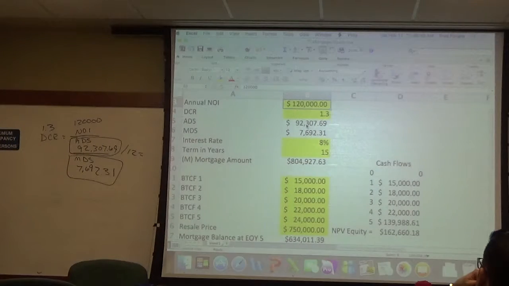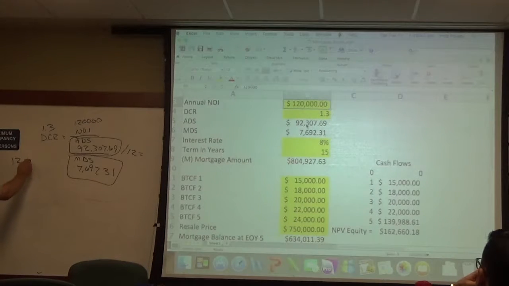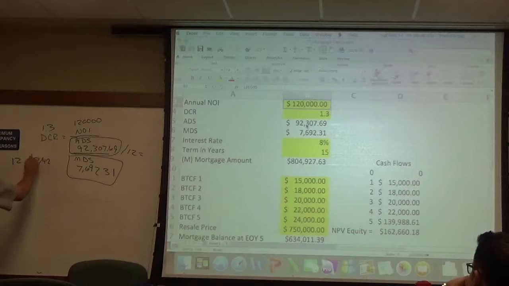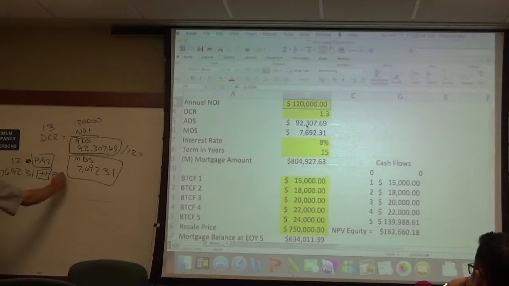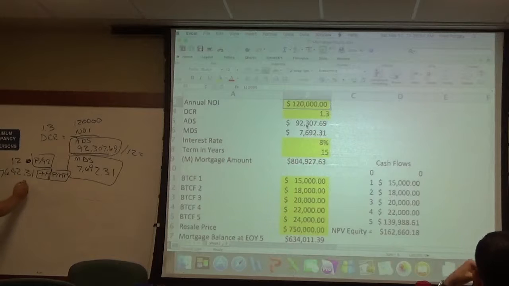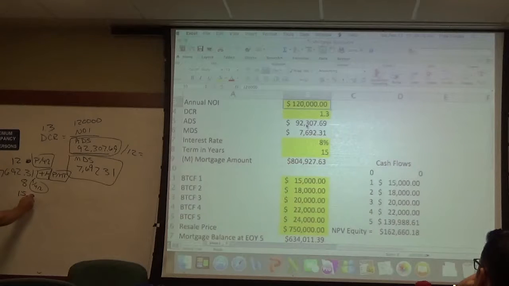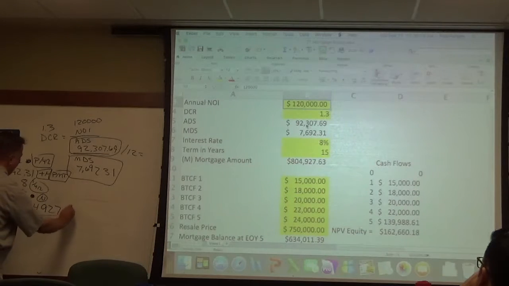So all we're going to do here is we're going to say, all right, 12 payments per year, we're going to put in 7,692.31 as our payment amount, 8% as our interest rate, 15 years as our term, and then solve for the loan amount or the present value, and you are going to get $804,927.63.